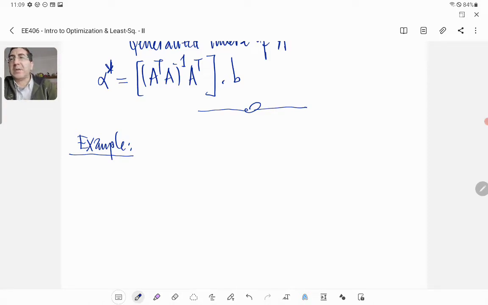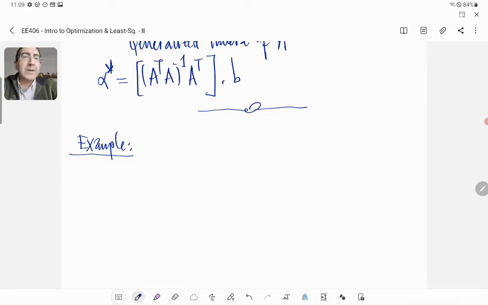Okay, so what does this example illustrate? How the line fitting problem is related to this A alpha equals B equation, or minimizing this A alpha minus B term.